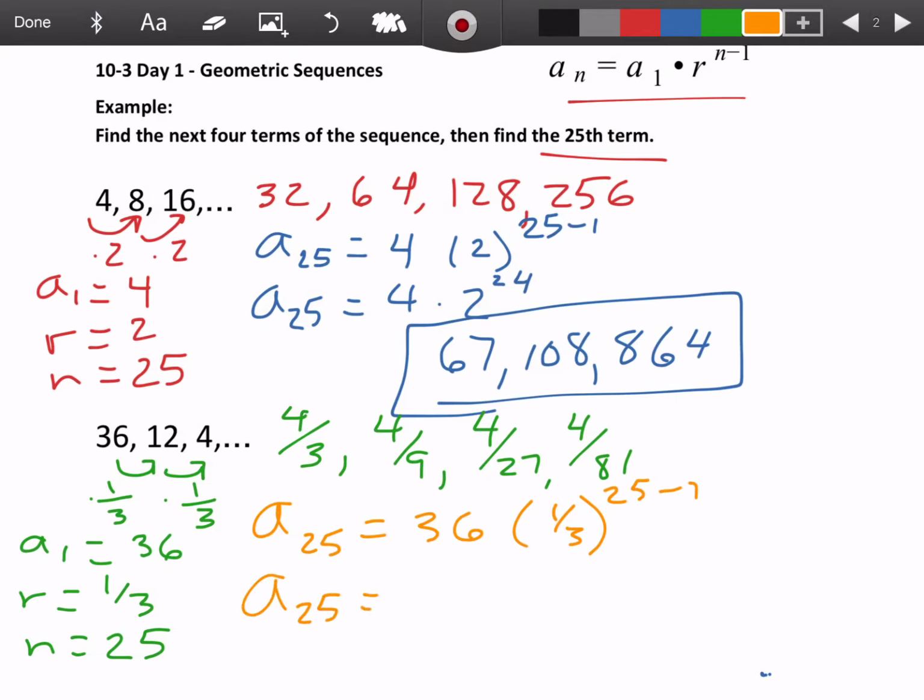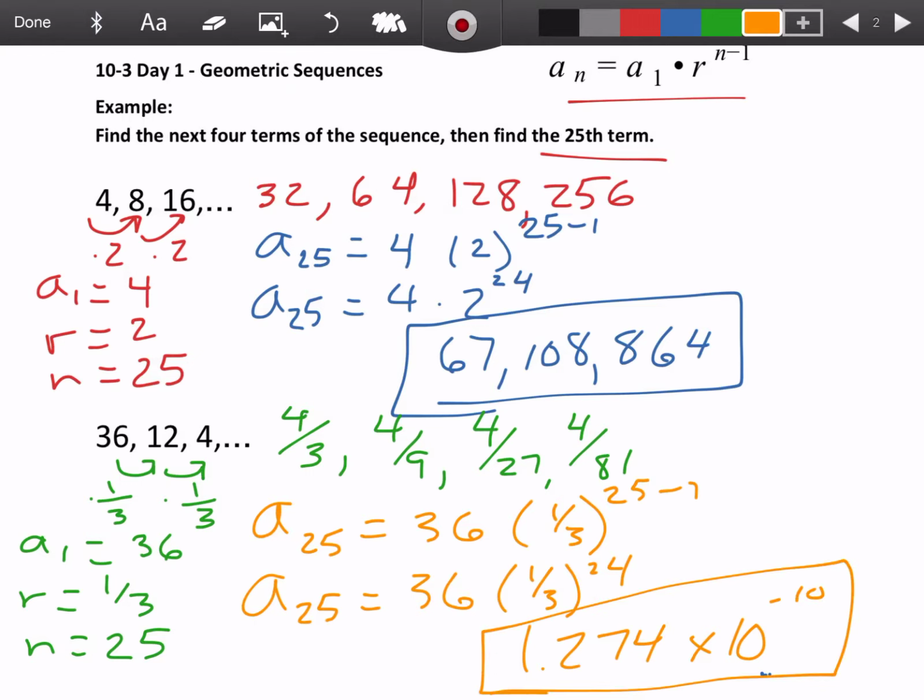So a of 25 equals 36 times 1/3 to the 24th. When you multiply that out, it actually gives you a scientific number, 1.274 times 10 to the negative 10th. That's a very small number that's going to have 9 zeros behind the decimal before you get there.